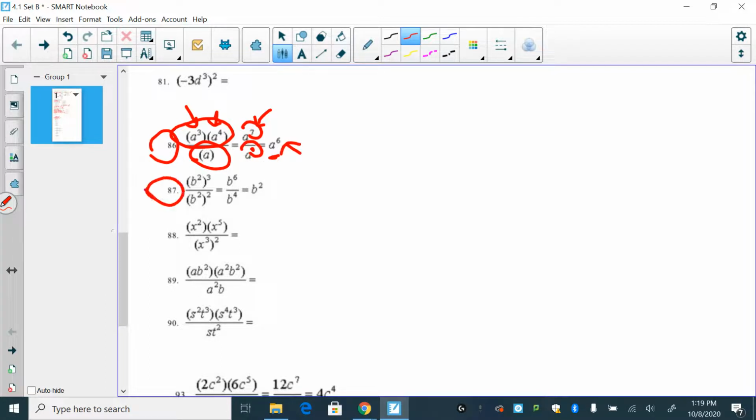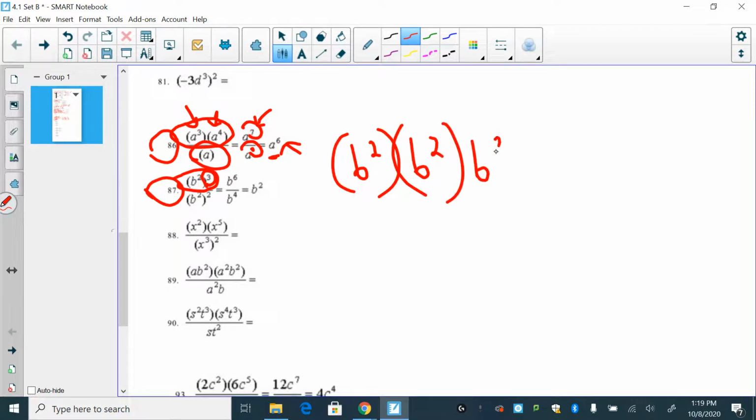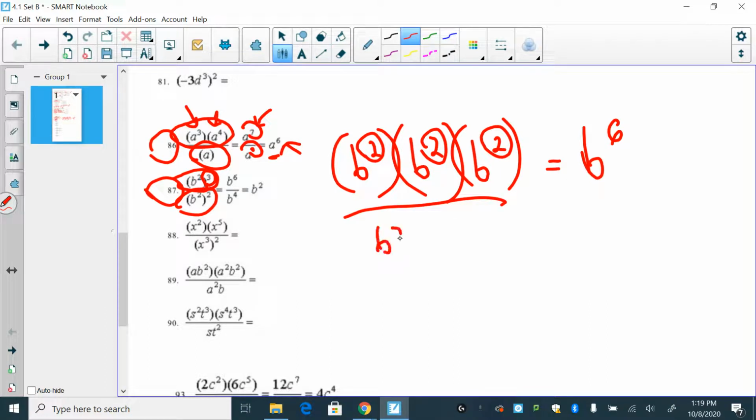Let's look at 87. So this one is raised. So there's my 3. So that means b squared, write it 3 times. b squared, b squared. Okay, so that part is add the exponents, 2, 2, 2. So I've got b to the 6. The bottom, I've got b squared, and I say repeat that twice.